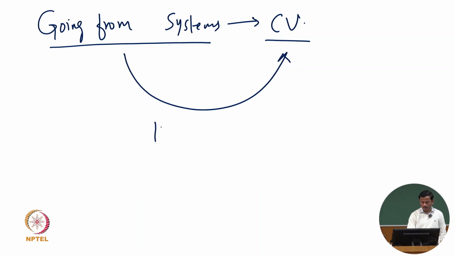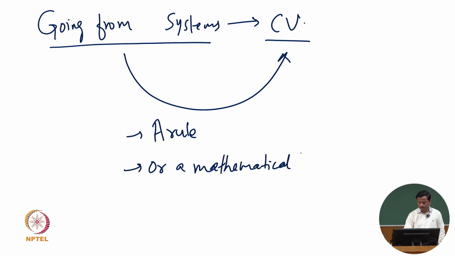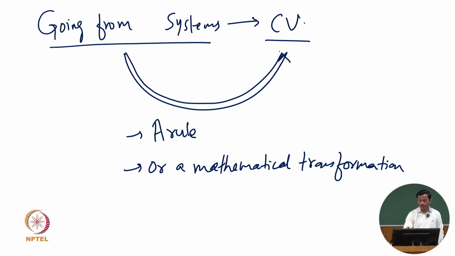We need a transformation rule. So we need a rule or a mathematical transformation to go from the systems approach to control volume approach, so that we can apply the conservation laws, we can apply Newton's laws in the control volume approach.